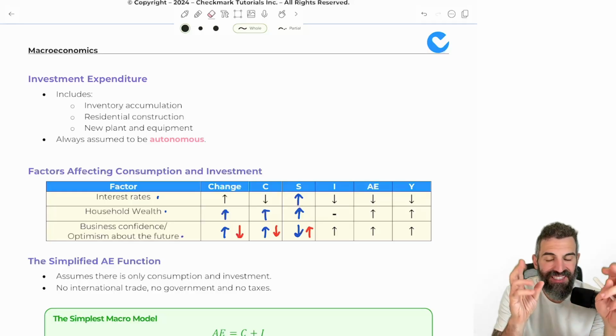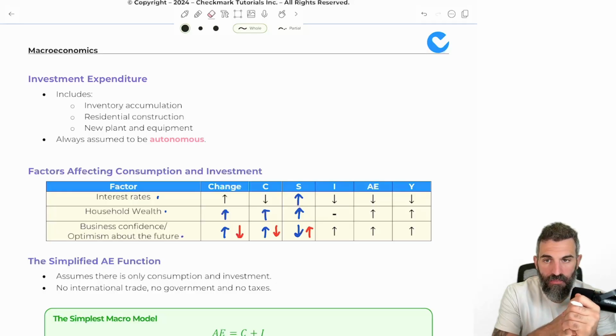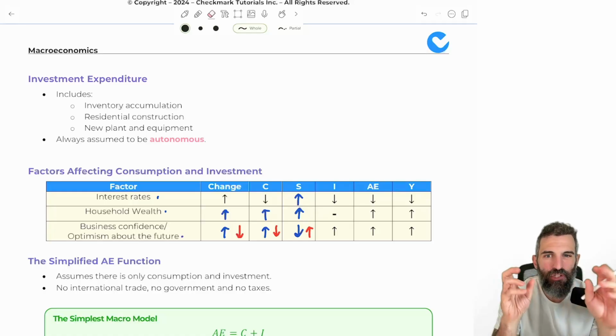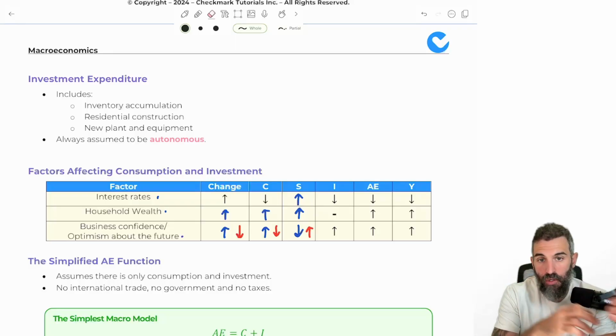You can have inventory decumulation or depletion, where the amount of inventory manufactured is actually less than the amount purchased. So it's really a change in inventory and not a production of inventory. Inventory is always assumed to be autonomous, so there's no induced portion. All investment expenditure is autonomous.